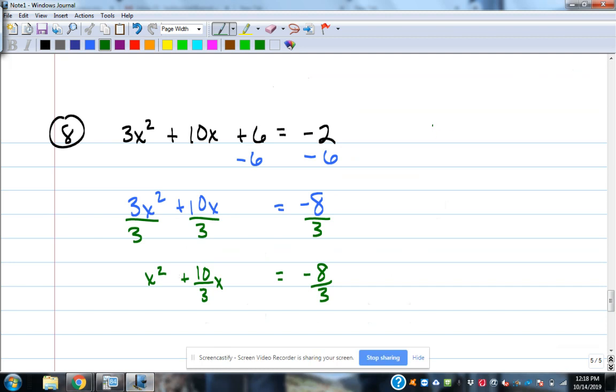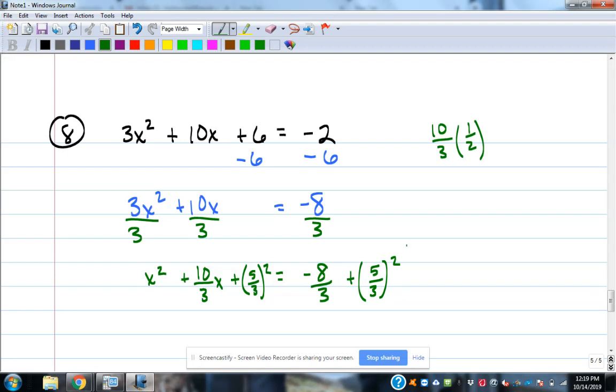So really, when you're taking half of a fraction, you multiply it by half. If it does reduce, great. If it doesn't, basically it's 1 times the top, 2 times the bottom, and that does give us 5 over 3. So we're going to add 5 over 3 squared to both sides, right?